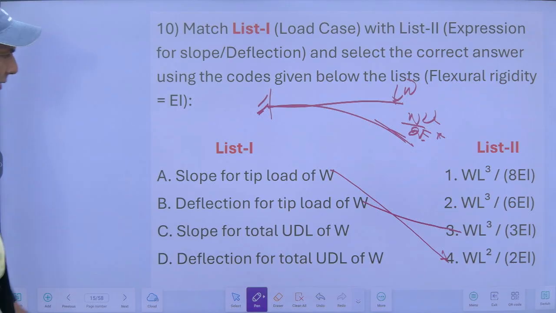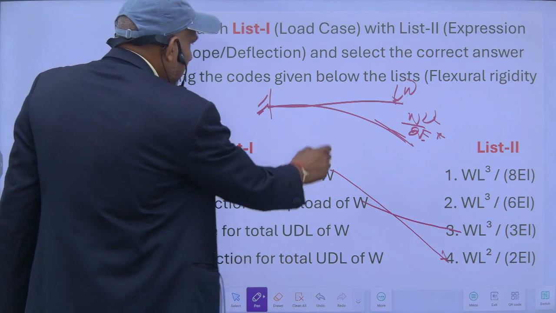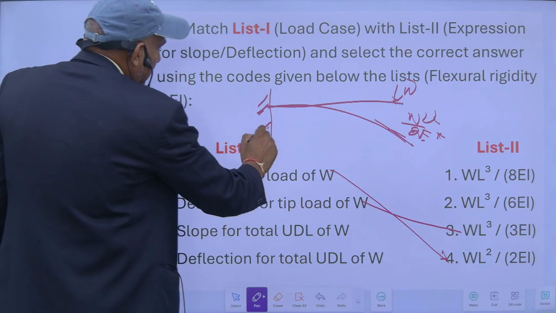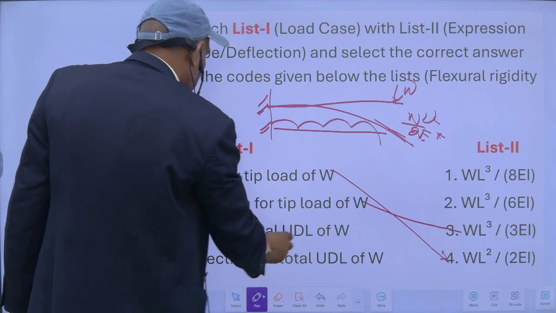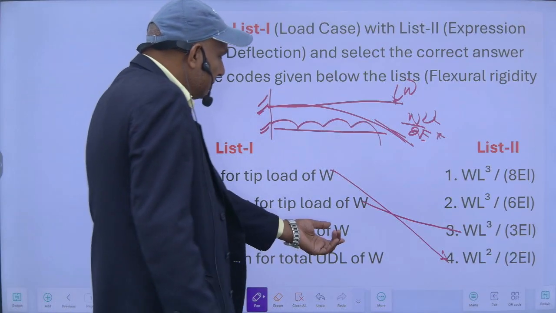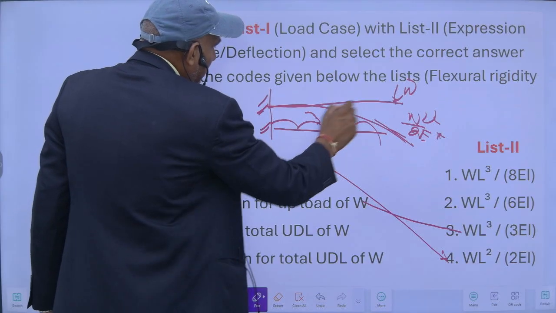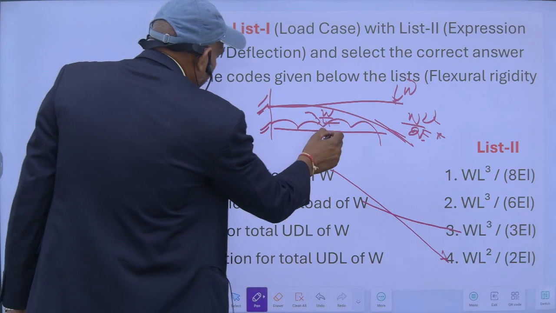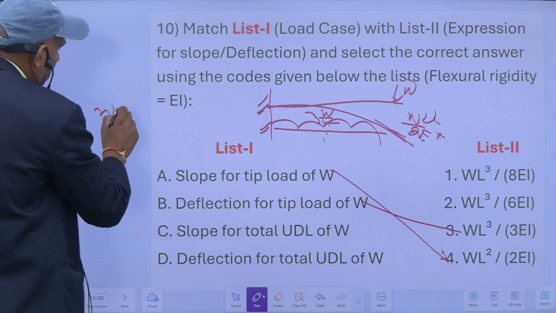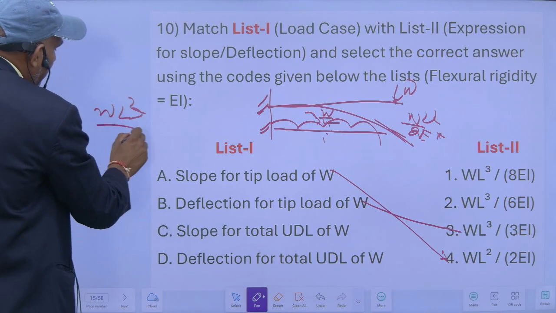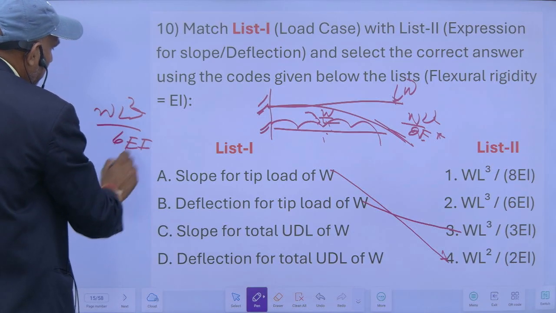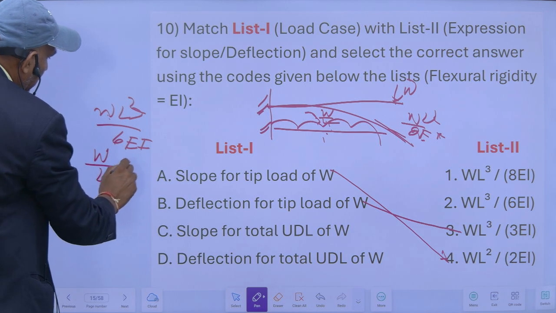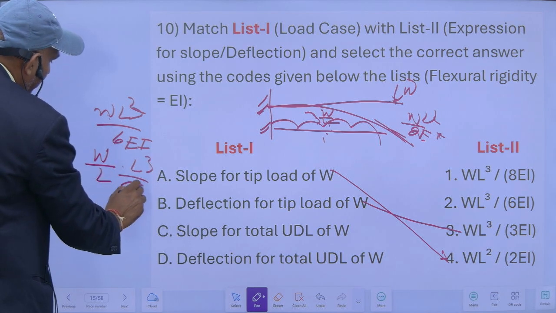Slope for total UDL. So in case of UDL, if I say there is UDL and the total UDL is W, means this intensity is W upon L. So in this case, slope will be the formula with W as W upon L into L cube upon 6 EI.